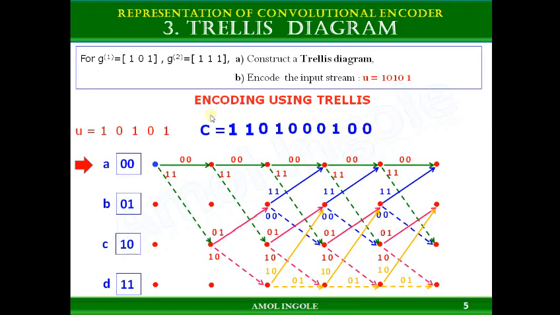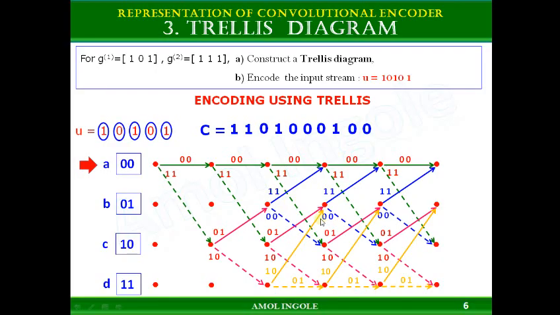The last input bit is 1 now. And you have to start from where you ended. So this is where we ended from the previous bit. Last bit is 1, so you have to follow the dotted line. So this is the dotted line and the output bits are 0 0. This is how you can encode the given input stream using Trellis diagram.